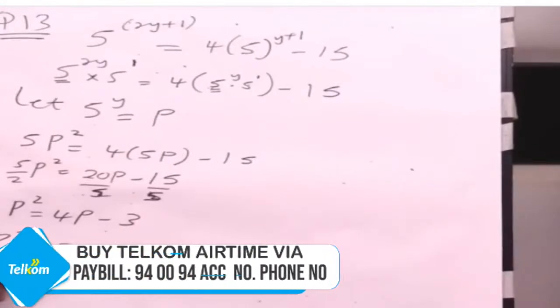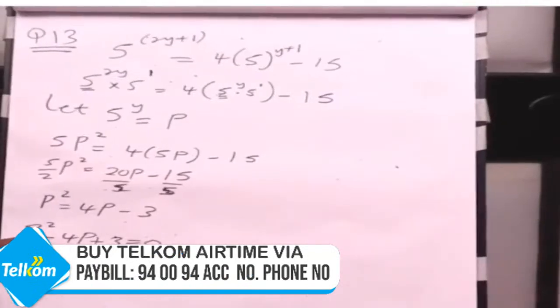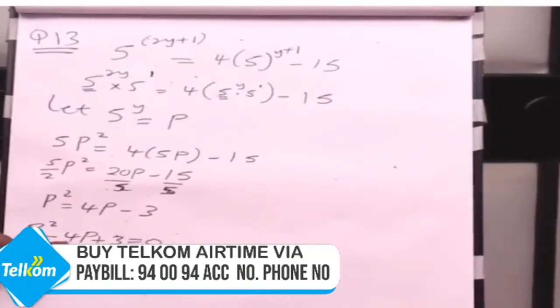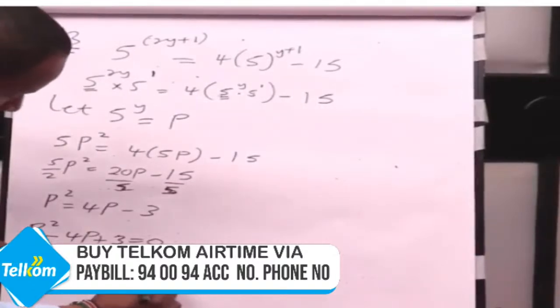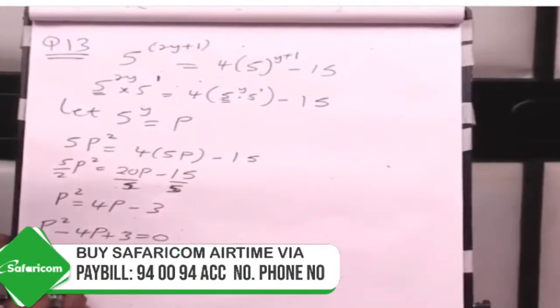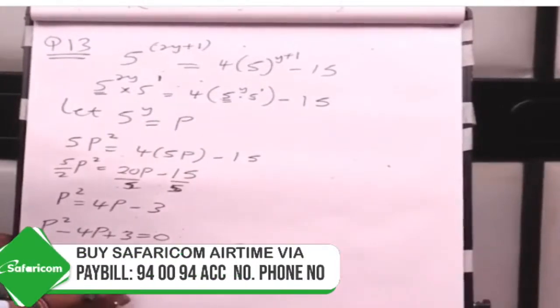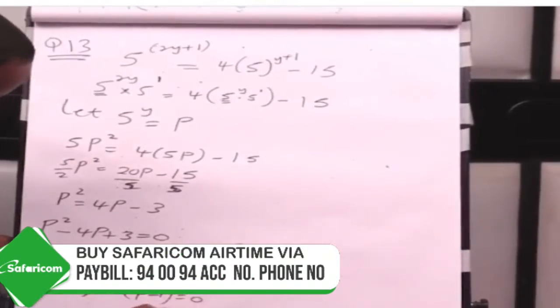Look for two numbers which, if you multiply them, give you 3 and if you add them, give you minus 4. So the two numbers are factors of 3, which are 3 and 1. It becomes p squared minus p minus 3p plus 3 equals 0. Then factor p out: p into p minus 1, minus 3 into p minus 1.